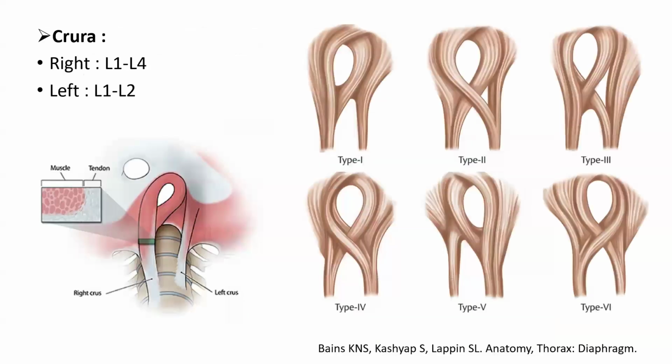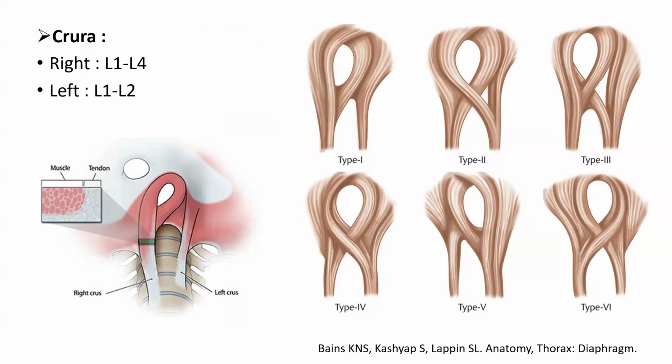The crura arise from the anterior surface of the L1 to L4 vertebrae on the right and L1 to L2 on the left, as well as from the intervertebral discs and the anterior longitudinal ligament.